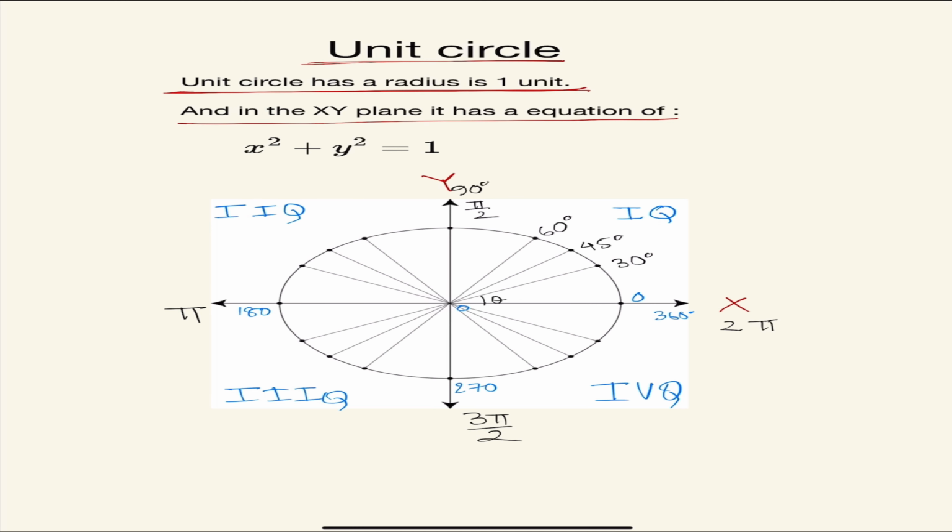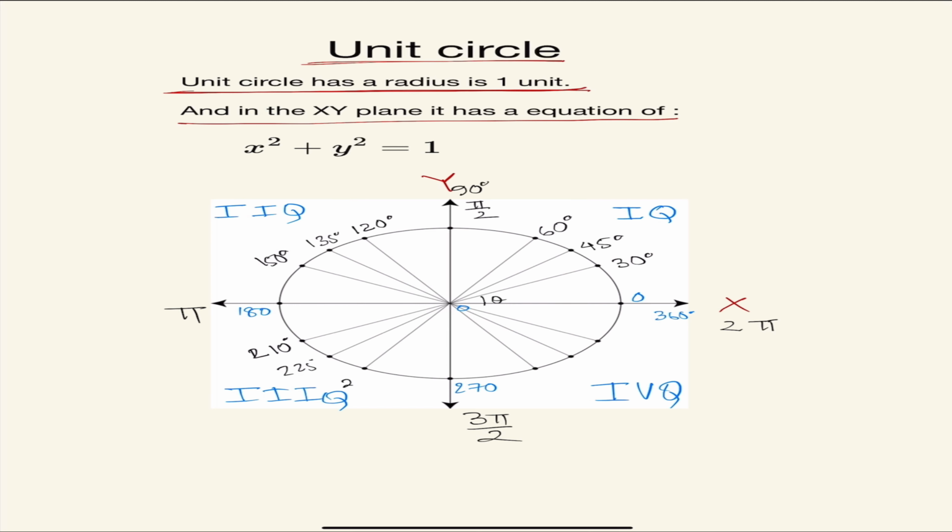Then we have 90 degrees. Then we add 30 degrees: 120 degrees, then 135, then 150, then we have 180. Then again, we can add here, so it's going to be 210 degrees. Then we have 225 degrees.